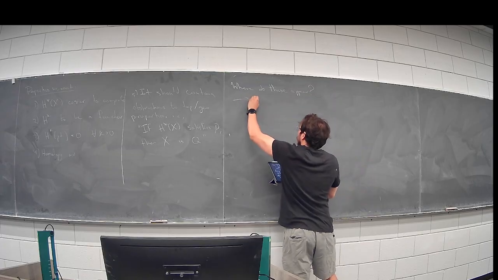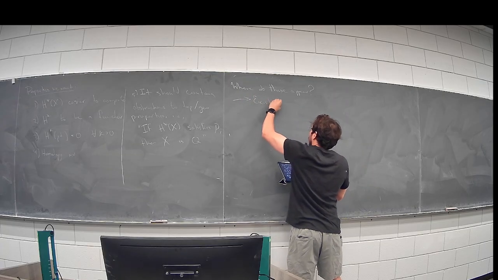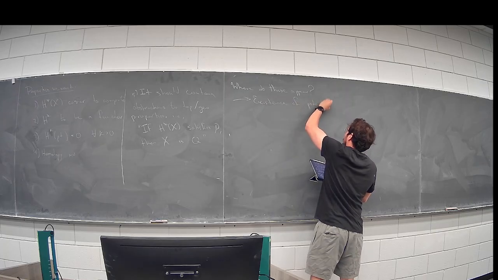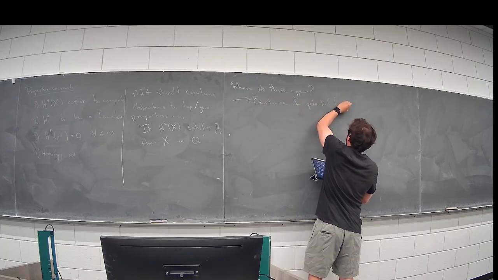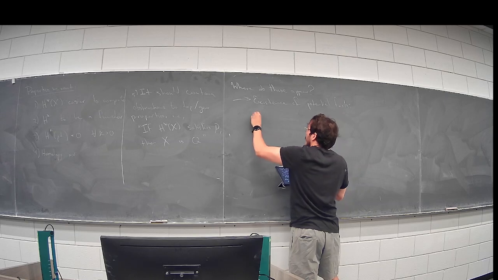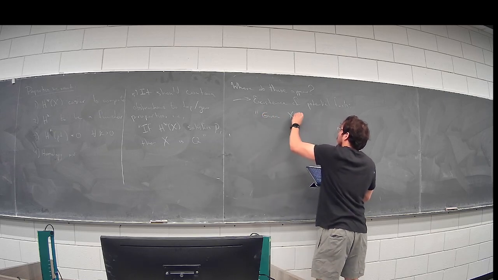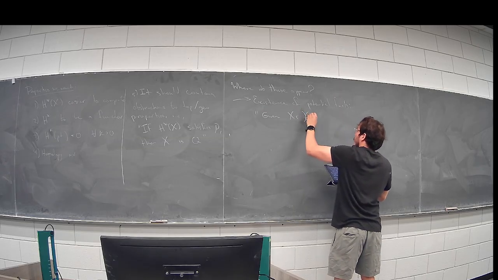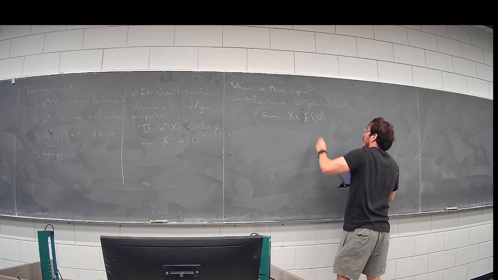We have the existence of potential functions. So if I want to find, given the vector field X, I'll use this to denote my vector field on an open set U of R3.